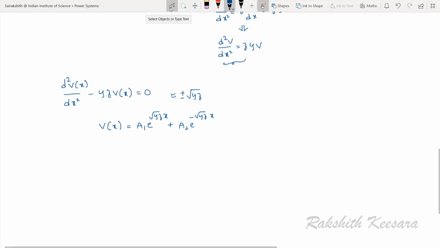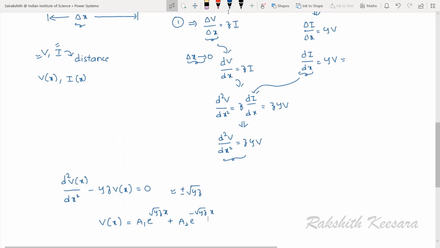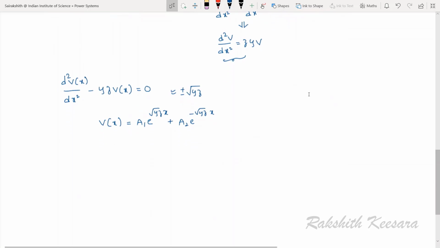Next, I also need to find a solution for I of x, right? So, if you see this equation, dV by dx is equal to Z into I. From here, I can derive I of x. Now, I will differentiate this equation.